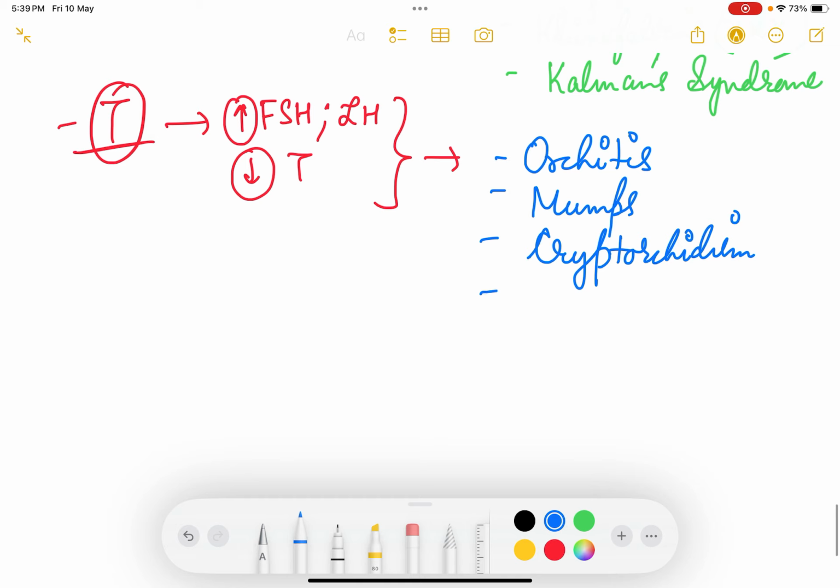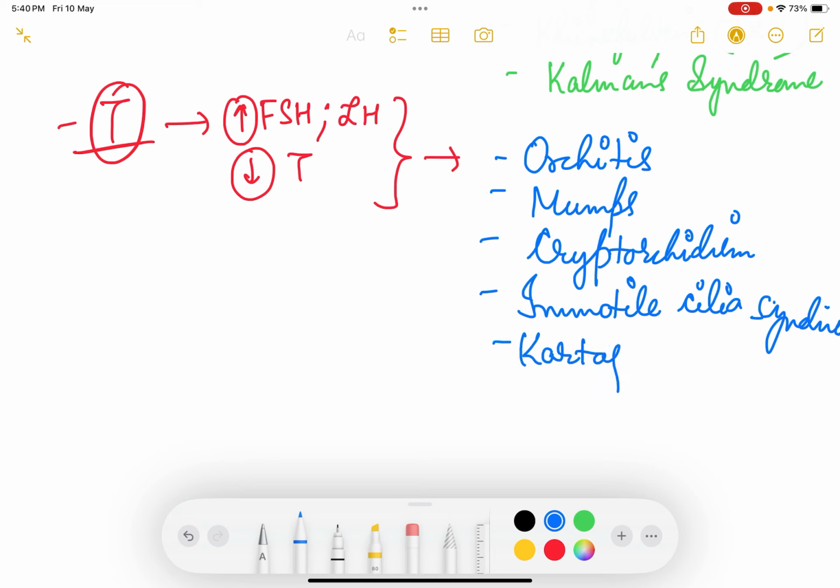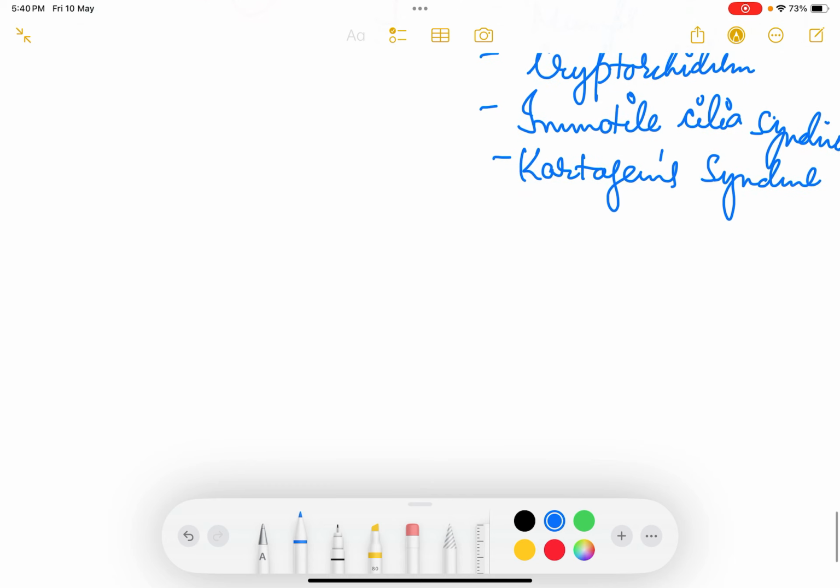In these cases the testicular environment will be heated, so it will not be forming the sperms. Then it can be because of immotile cilia syndrome, because the cilia are immotile, so basically the sperms are not being formed properly. Even if they are formed, they are not transported. So it can be because of Kartagener syndrome. Kartagener syndrome is a syndrome where there are immotile cilia, or the cilia are not formed properly. So these are the testicular causes.